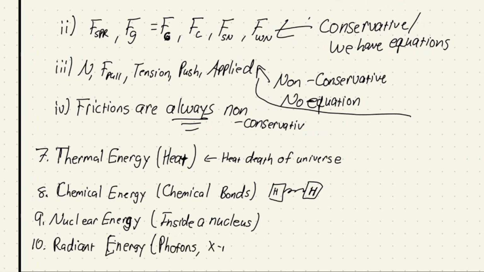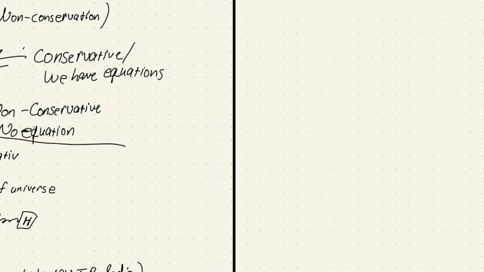Sometimes we could think of it as an X-ray, maybe a gamma ray. Visible light, the light that we see, as well as UV light, infrared light, radio waves, TV waves, all those things are radiant energy.